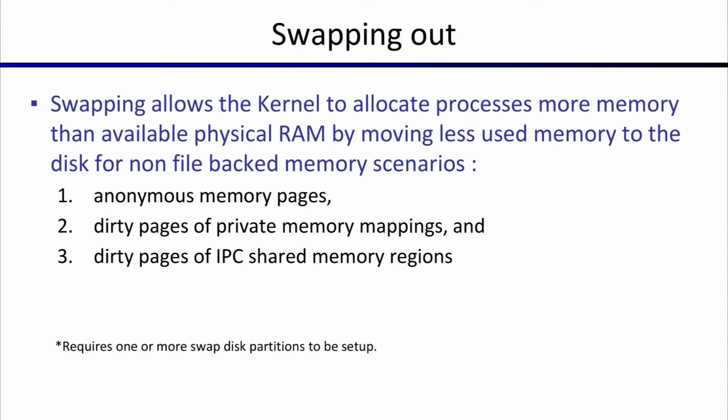When you have a private memory mapping and you have a dirty page, you're working on it, you don't intend for it to be saved to the file space ever, but you have made changes that you expect to be in the memory, and those can be moved to the swap space as well. And similarly, dirty pages of IPC shared memory regions, when you are sharing memory between processes, and those are dirty as well. So similar model, you don't want to lose that while the server is up and running.